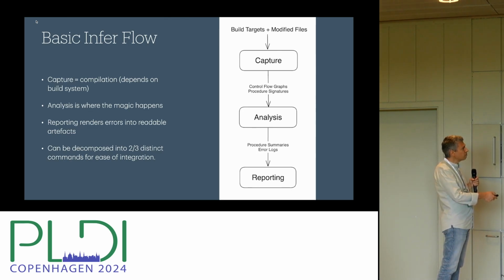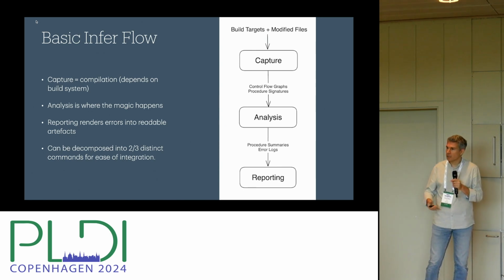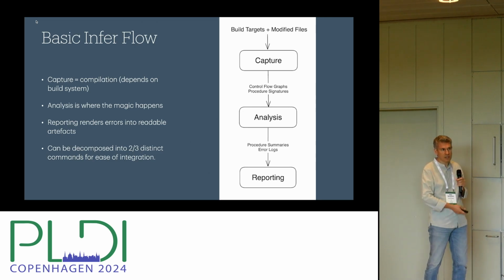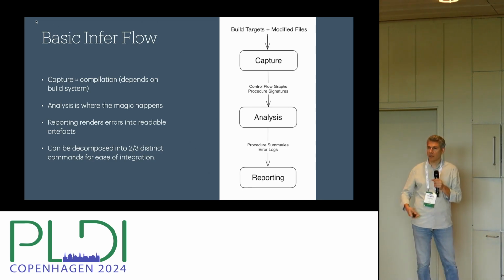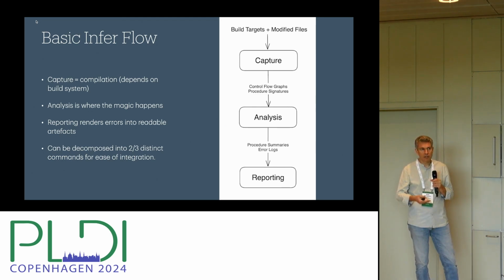which is where the magic happens. And then finally that outputs procedure summaries and error logs, which are here separated just for the purpose of making it clear that essentially when Infer runs the analysis, the summaries are produced and also consumed because of compositionality.